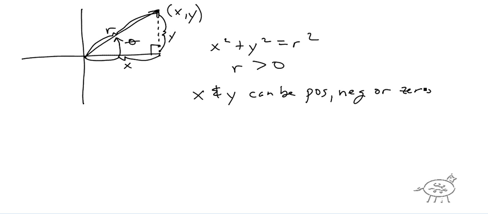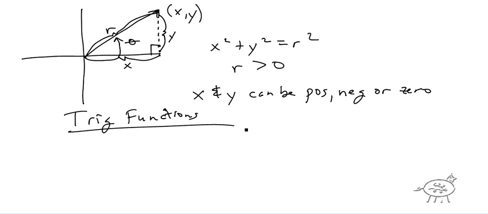Okay, so these are our trig functions here now. This is actually huge. Trig functions. This is so important, I just can't stress this enough. You need to memorize this. That is so huge. Okay, I'm going to highlight this.